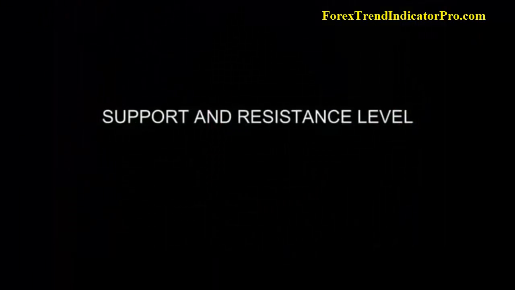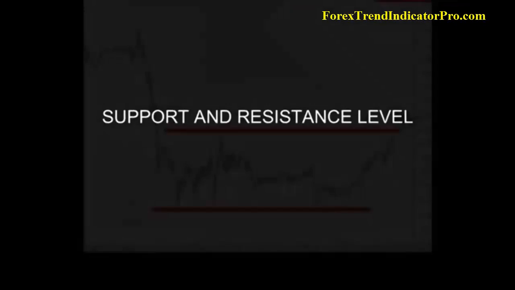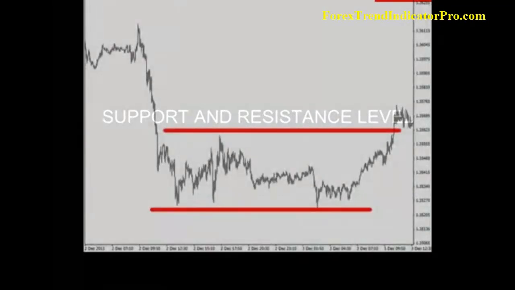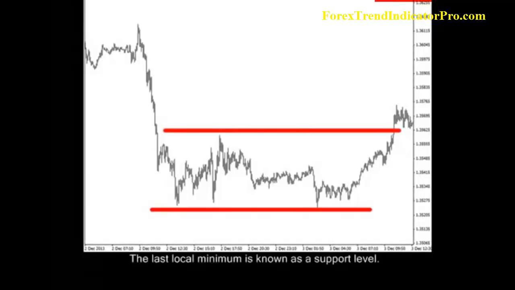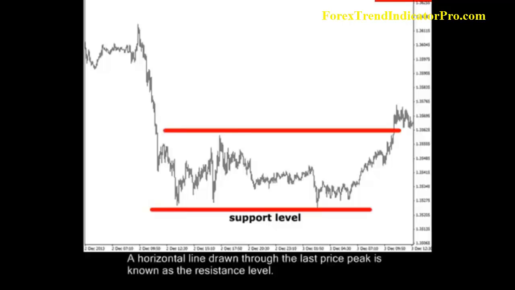Support and resistance level. The last local minimum is known as a support level. A horizontal line drawn through the last price peak is known as the resistance level.